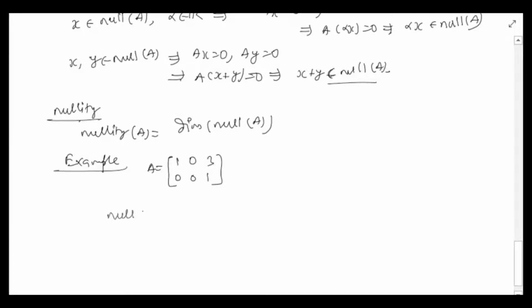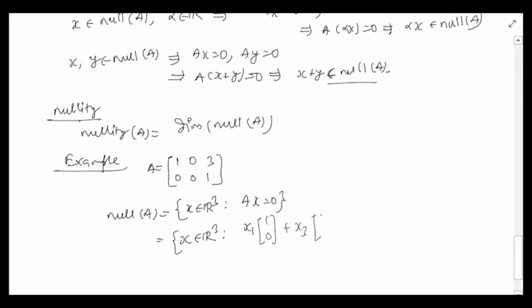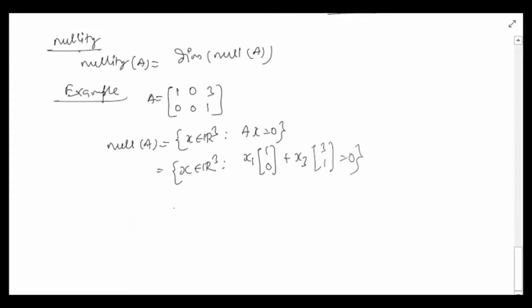Null space of A would be defined as all vectors x in R3 such that A x is equal to 0, which is x in R3 such that x1 times (1, 0) plus x3 times (3, 1) is equal to 0, which in turn means that null of A is equal to x in R3 such that x1 plus 3x3 is 0 and x3 is equal to 0, which in turn can be seen to be the collection of all vectors x in R3 such that x1 equals x3 equals 0.